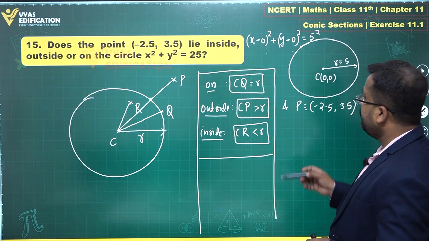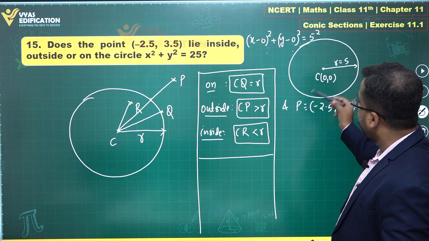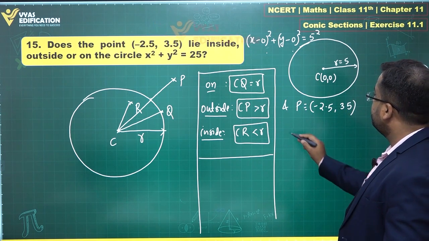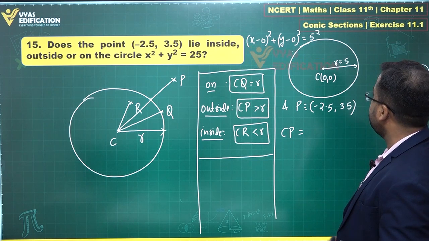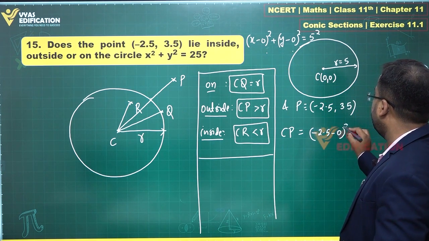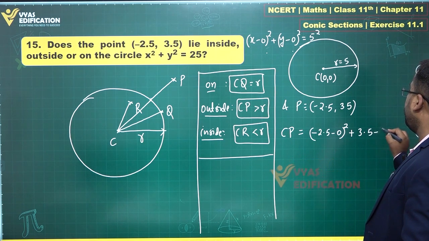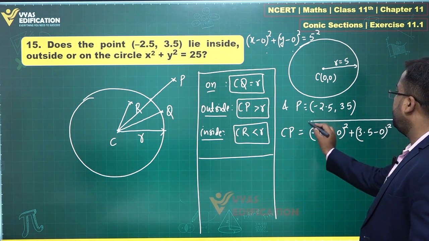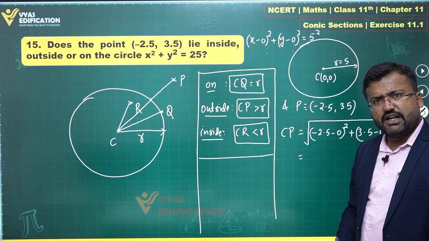So for that, we'll have to find the distance of the center from this point P. So CP is equal to what? CP is equal to the square root of (minus 2.5 minus 0) square plus (3.5 minus 0) square. This is what you get.